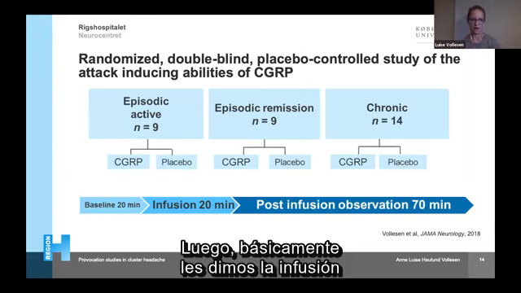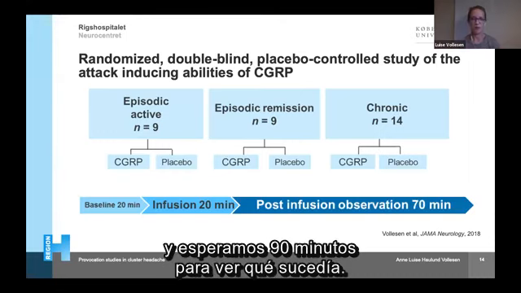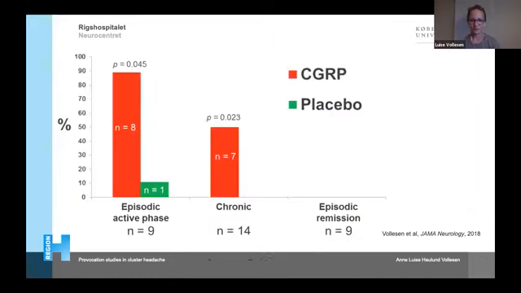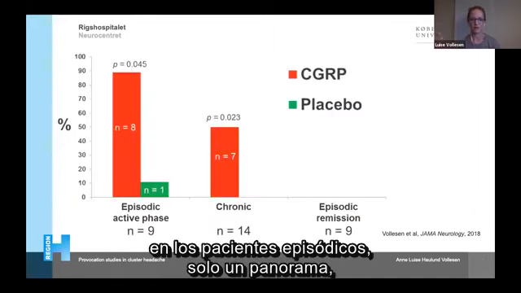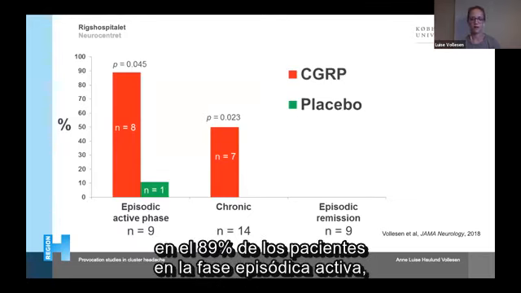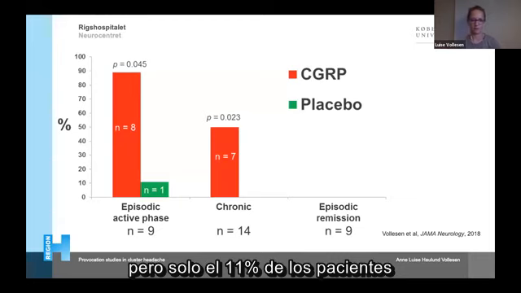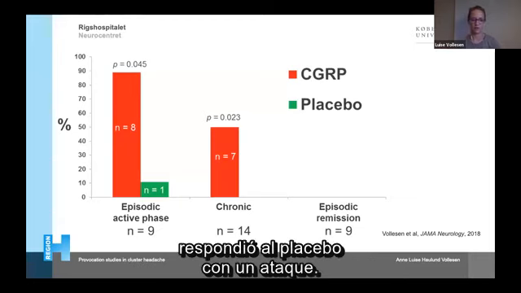And then we basically gave them the infusion and waited 90 minutes to see what would then happen. And what we found was, for the episodic patients, a very easily interpretable picture of CGRP inducing attacks in 89% of the episodic active phase patients, but only 11% of the patients responded to placebo with an attack.